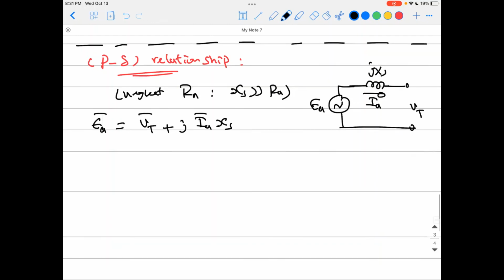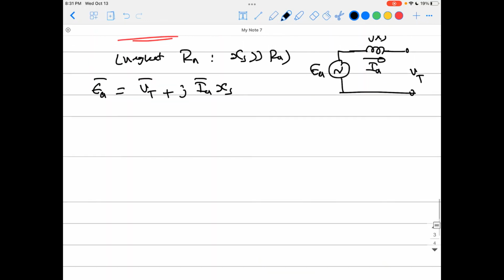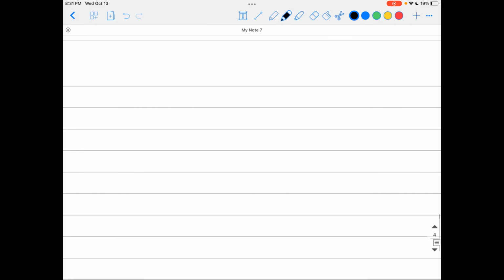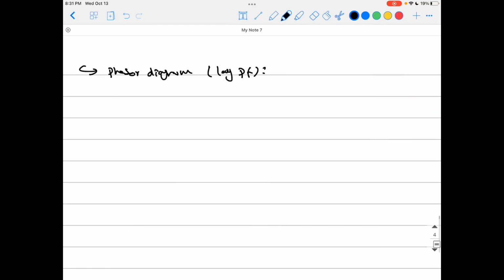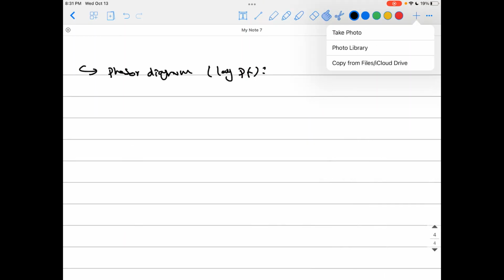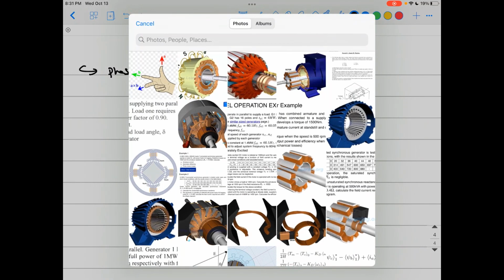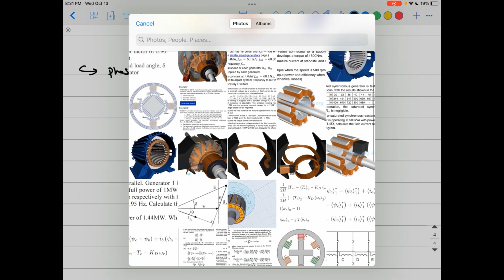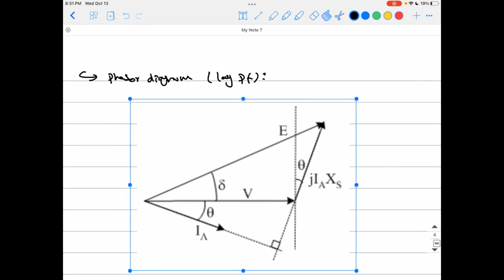We can use this to plot the phasor diagram like we did before, and I'm going to use the lagging power factor phasor diagram because that is the typical case of using this kind of machine in the grid most of the time. I'm using this to derive a very important and exciting relationship between the electric power P and the power angle delta.